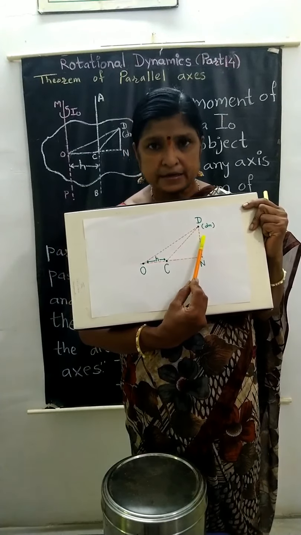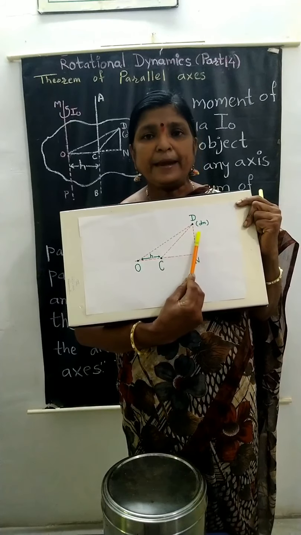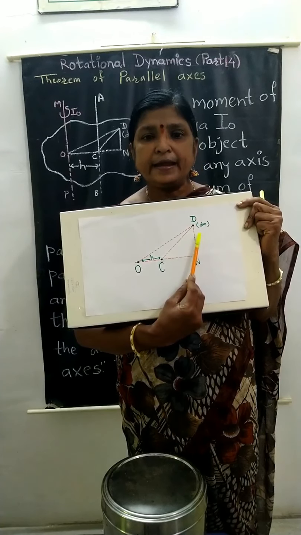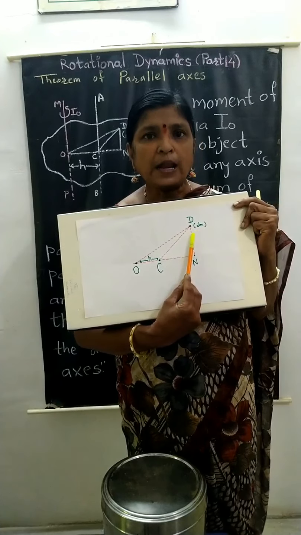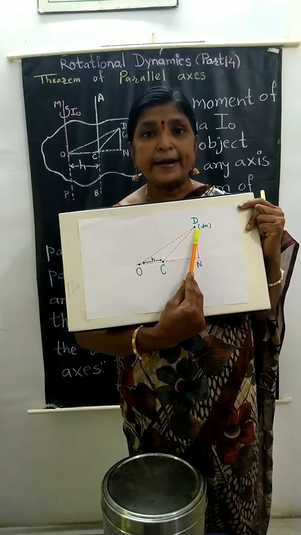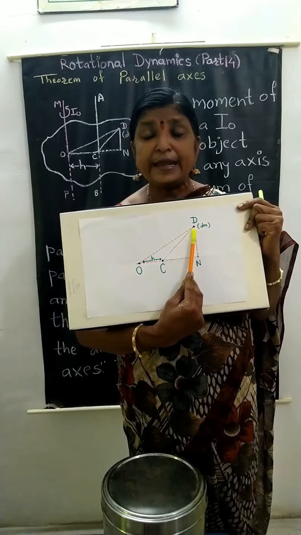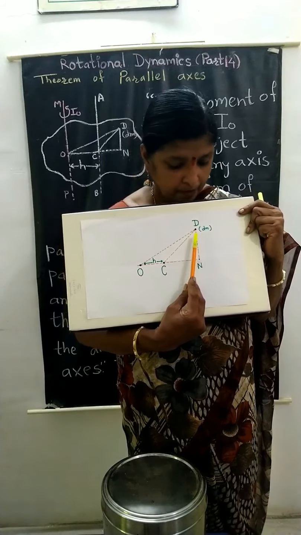We have considered a small mass dm situated at point D. We call it the mass element dm.